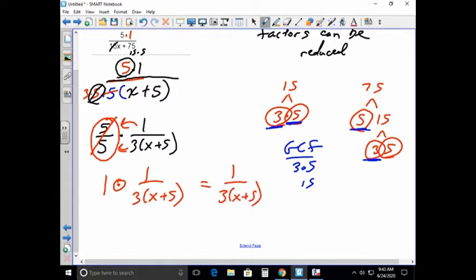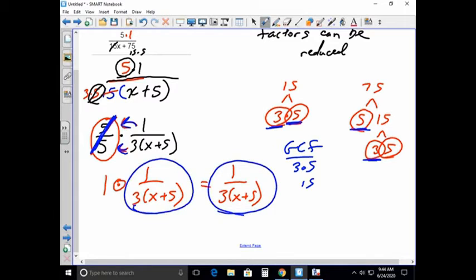So we're not going to have to show all those steps, but as long as we have a common factor that we could put out front, the same factor on top and on bottom cancel each other out, and that's going to leave us the remaining factors. But that only works with factors. It doesn't work with things that are added.